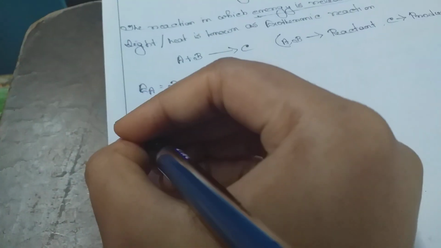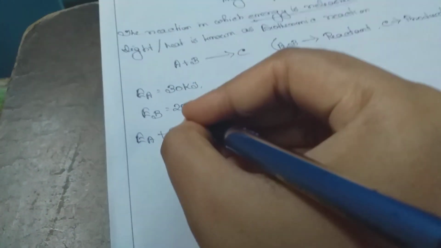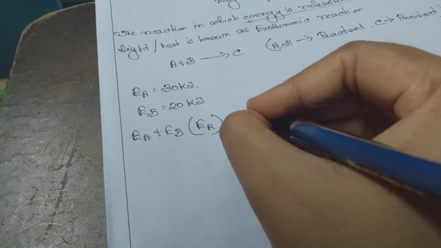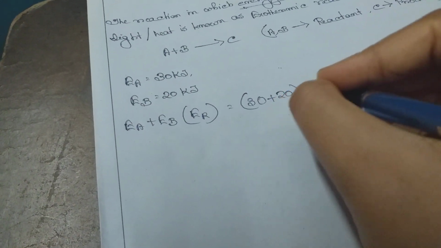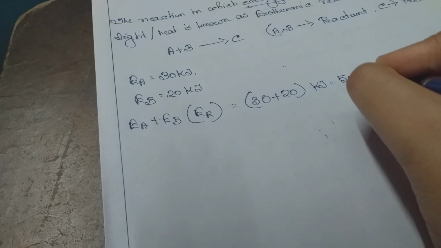Therefore, energy of A plus energy of B, or energy of reactant, is equal to 30 plus 20 kilojoule, which is equal to 50 kilojoule.